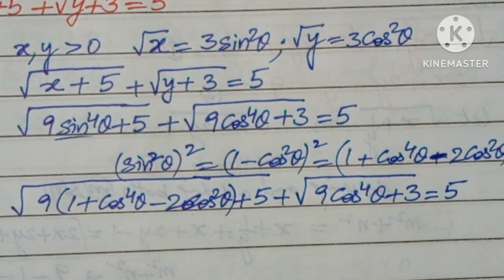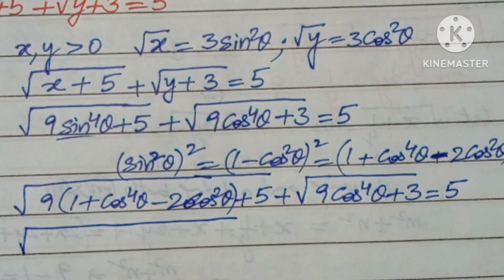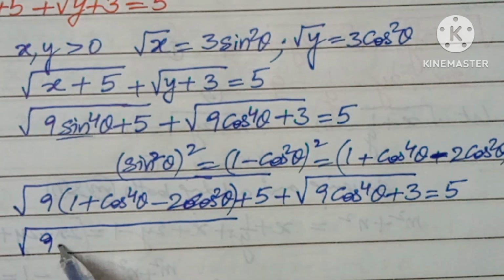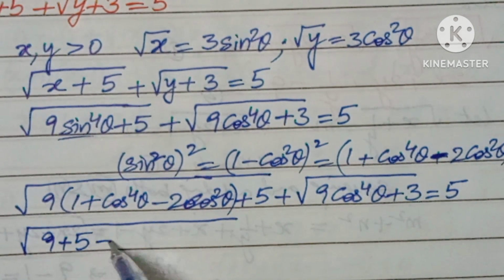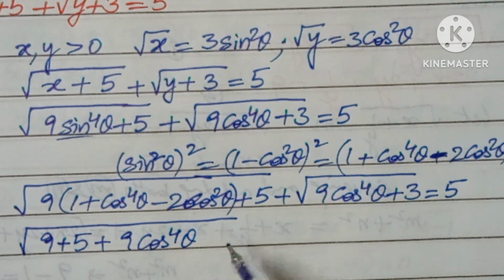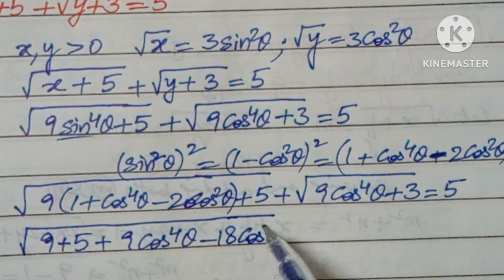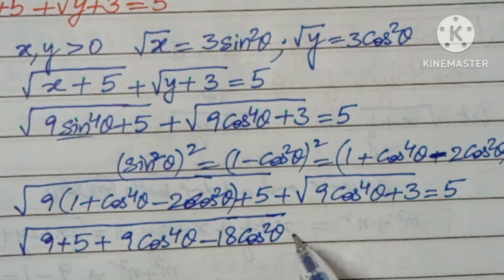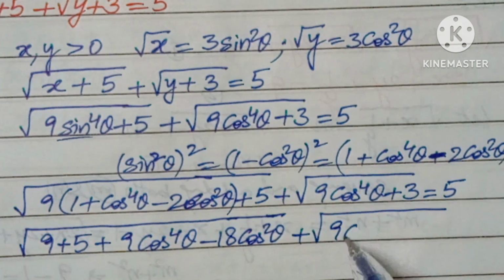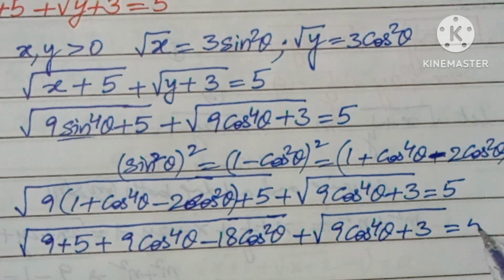So this is the logic in this problem. Here what we will get in the square root: 9 plus 5, that is 14, plus 9 cos to the power of 4 theta minus 18 cos square theta, plus square root of 9 cos to the power of 4 theta plus 3 is equal to 5.